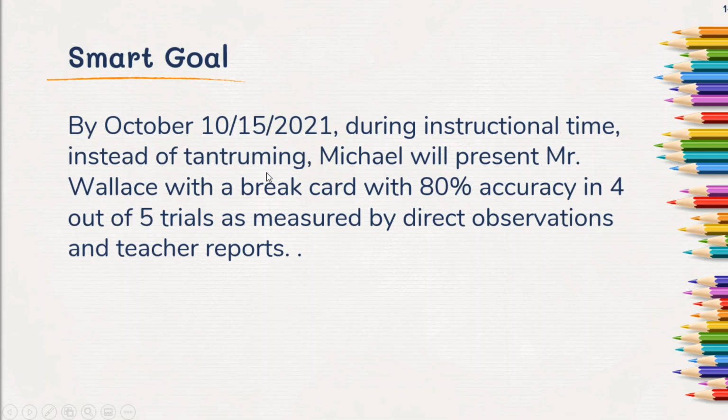Relevant, this will help Michael appropriately communicate what he wants, and in the future to appropriately communicate both in school and hopefully in his home settings as well, assuming that tantruming is an issue there as well. And then timely, I provide the date for when this behavior will occur. I put for the following year, but it can also definitely be sooner than that, depending on your particular vignette.